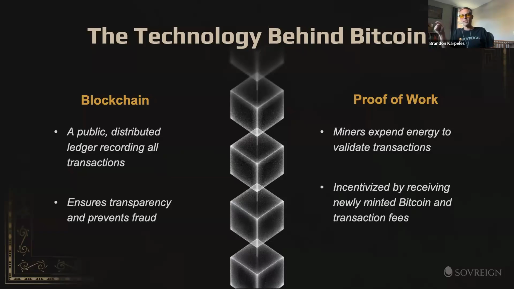And that goes on forever, all the way until the year 2140 when the last Bitcoin will be mined. Actually, it'll be a fraction of a Bitcoin, but the last fractional unit of Bitcoin, aka a Satoshi, will be mined. And that is what incentivizes miners to continue to produce the blocks: the monetary reward of both the fees and the block subsidy.